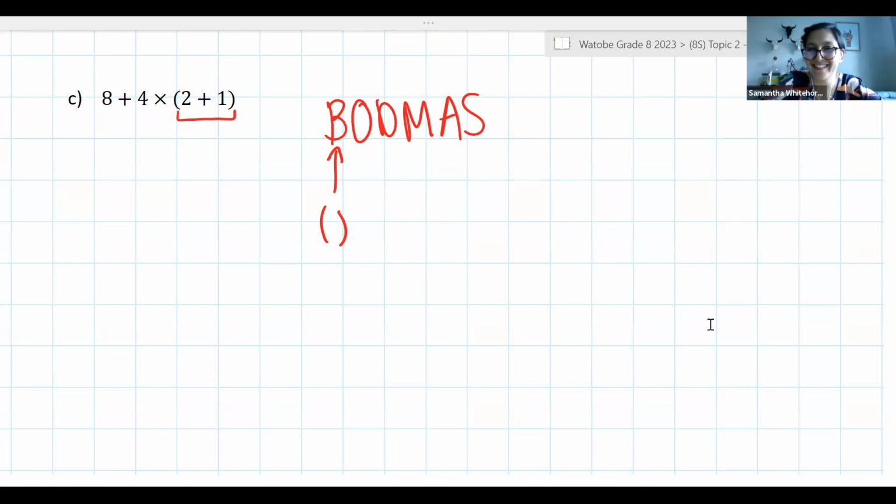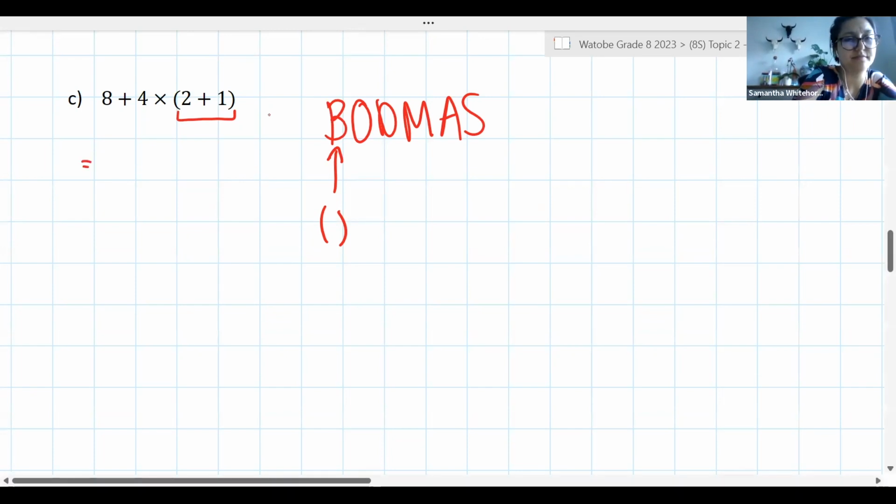Yes, ma'am. Okay. So, BODMAS says we have to start with brackets. So we have to say 2 plus 1. Perfect. But first we need to write the calculation of 8 plus 4. We need to say equals 8 plus 4. We leave it there, times.